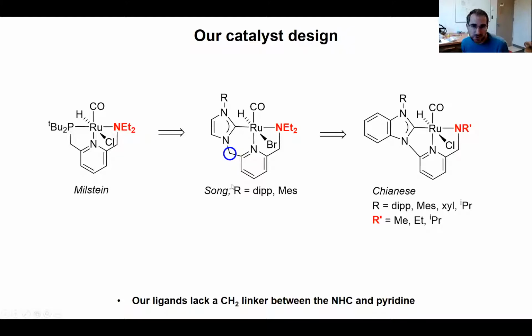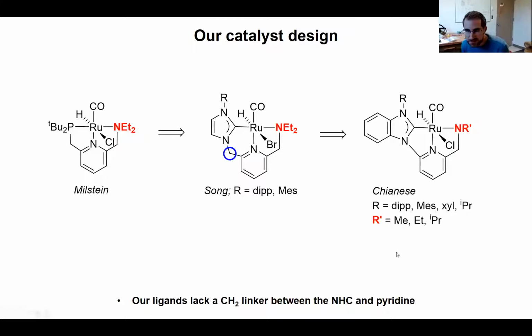Song showed in his work that deprotonating this linker was possible, and also showed that you could deprotonate on the other side, but it was approximately 9 kilocalories per mole higher in energy to do so. So we were interested in probing whether this CH2 linker is important for catalysis and whether catalysis might also be able to proceed through other types of reactivity.